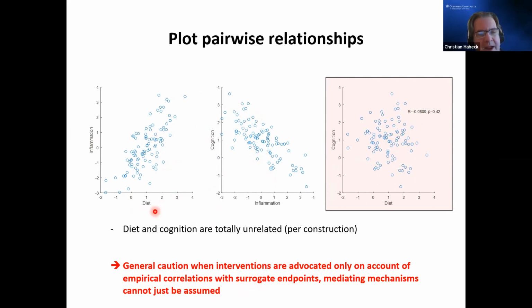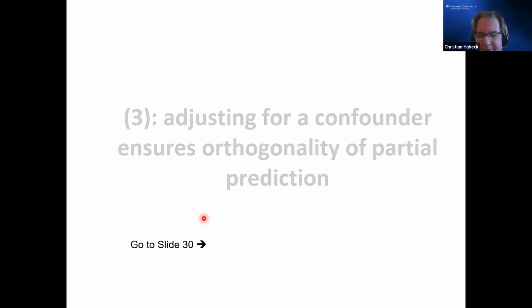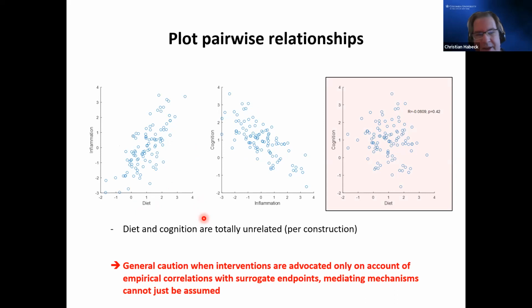Therefore, I just need to keep inflammation low, and I already have definitely affected my cognition. That's not the case. You need to verify mechanistically or with something called mediation analysis that this really is the case. So that is the fallacy, and it's actually very easily refuted just with this counterexample.